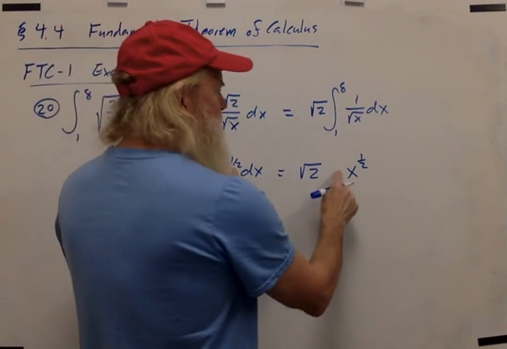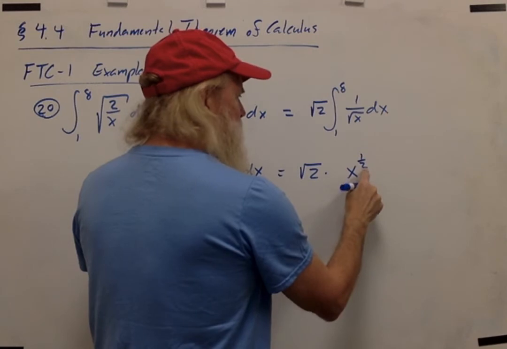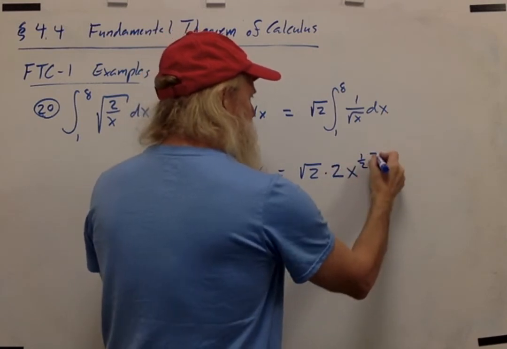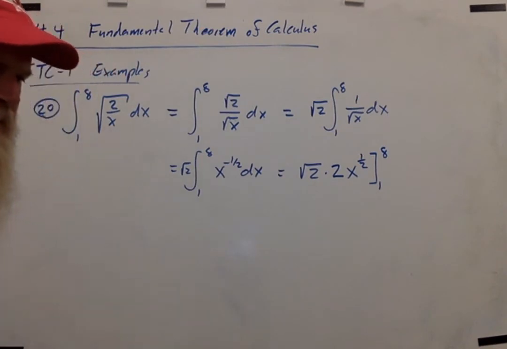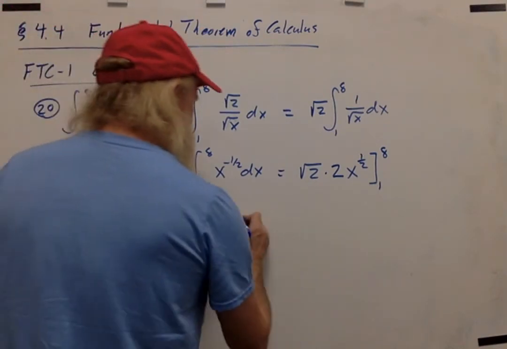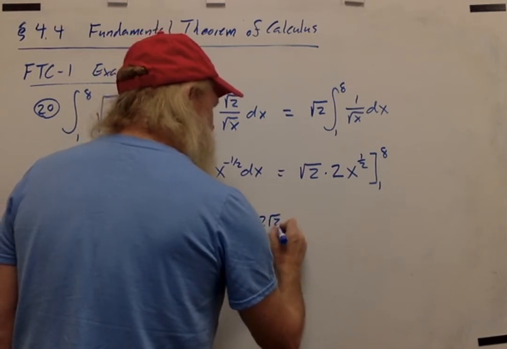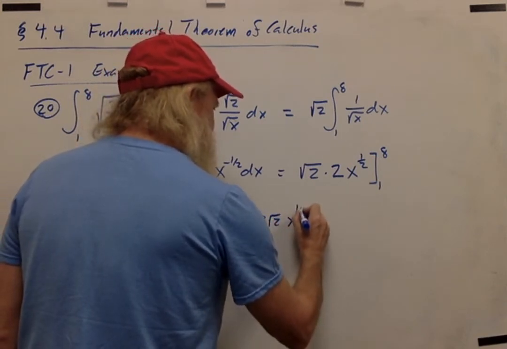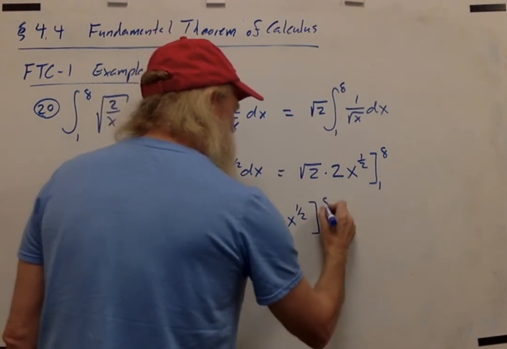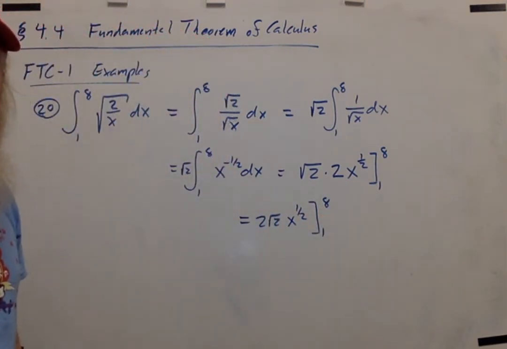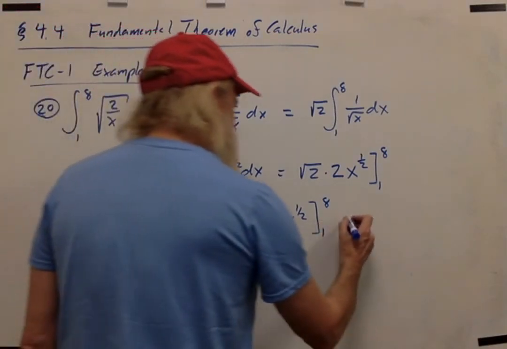And then I multiply by the reciprocal of the new exponent. And the reciprocal of 1/2 is 2. So just rewriting that a little bit, I have 2 square root of 2 x to the 1/2 taken from 1 to 8. So let's plug in the 2 endpoints and subtract.